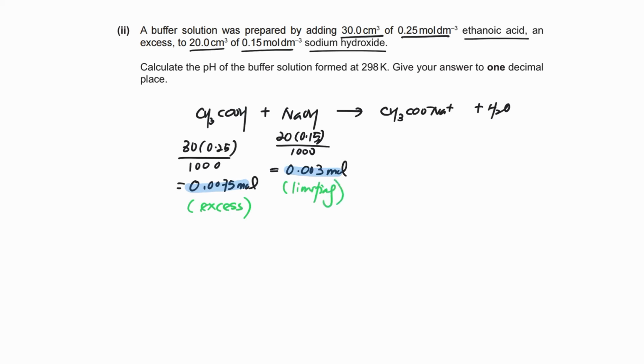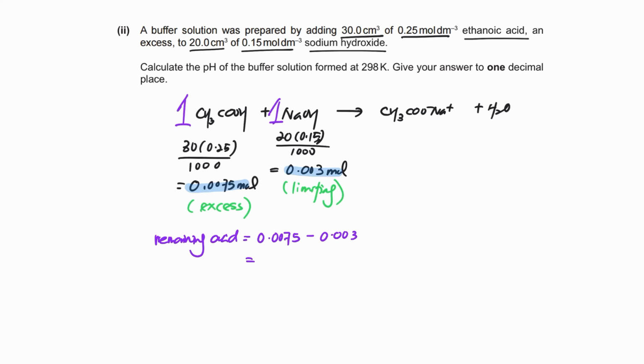So all NaOH will react with ethanoic acid to form the salt. We will have the remaining acid, where the ratio of acid to NaOH is 1:1. So 0.0075 mole of acid will react with 0.003 moles of NaOH.